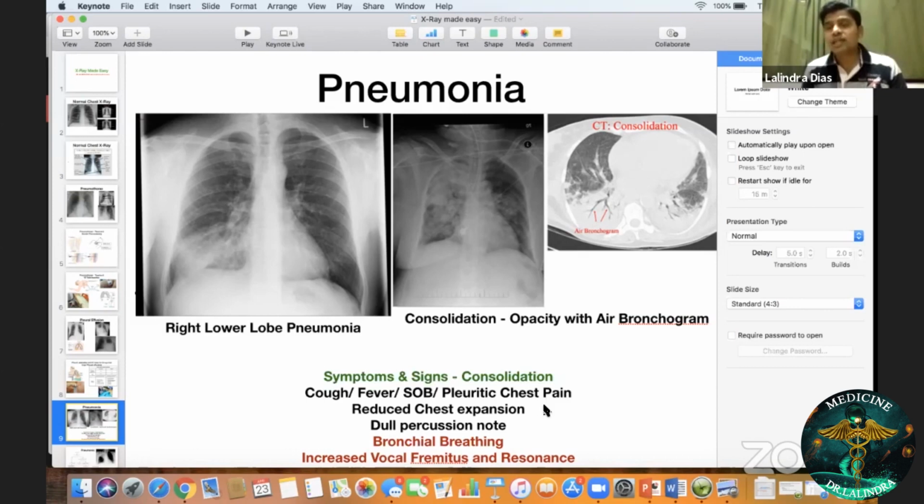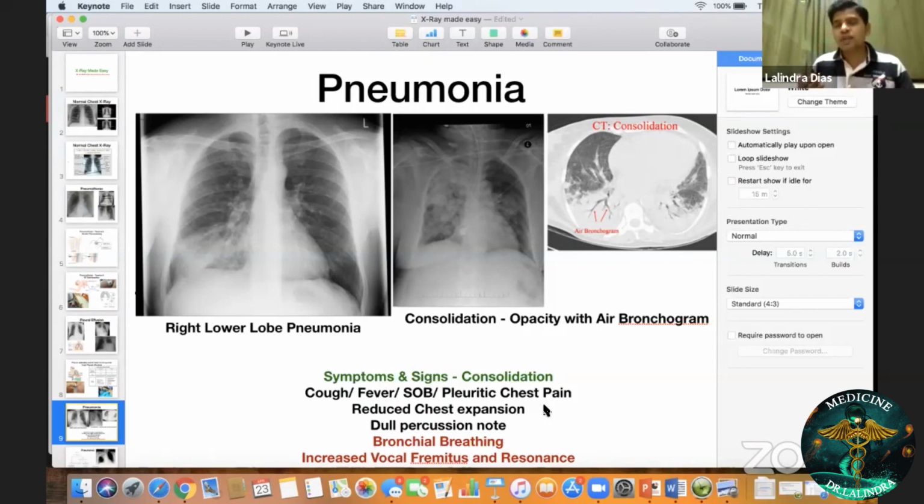And not only that, there will be localized crackles. Whenever you get infection, and there is inflammatory fluid, you get crepitations or crackles. So remember, over a consolidation, you can also hear crackles or crepitations. So these are the physical signs that you will elicit over consolidation. What are they?